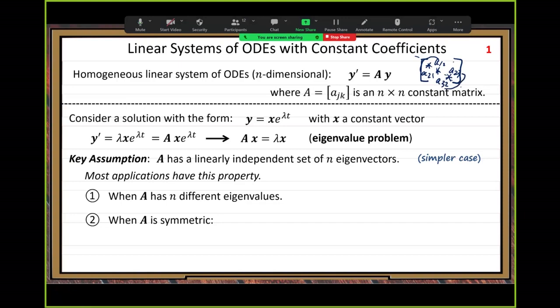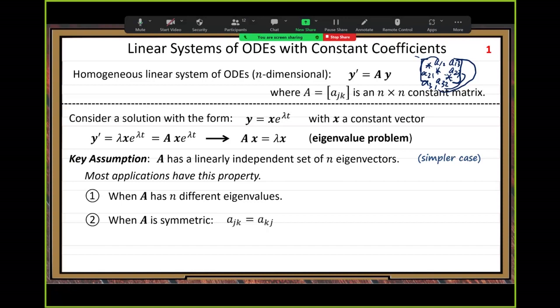Then the corner ones, A13 and A31, should be the same. We call it a symmetric matrix.